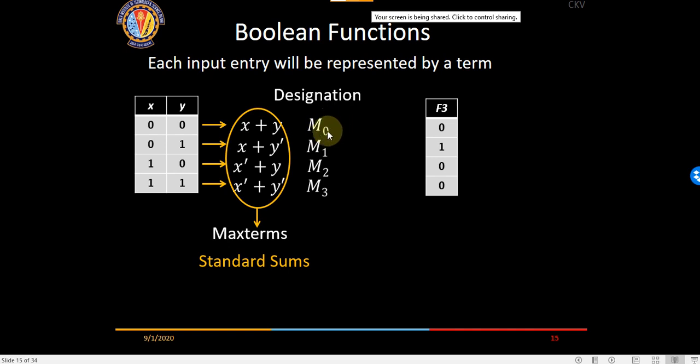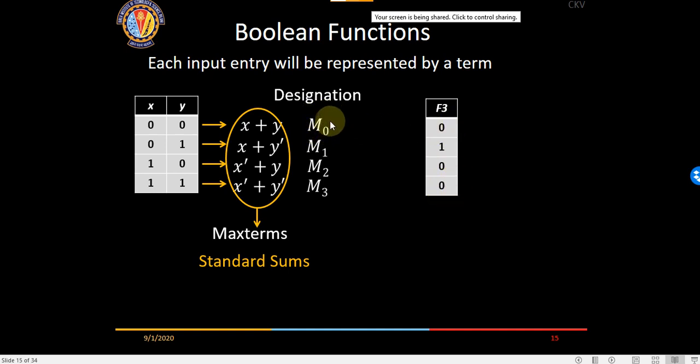Now what is the purpose of M0? It should give me a 0 output for 0 0 and a 1 output for all other combinations, because we use the capital M0 for mapping only the zeros from the truth table.